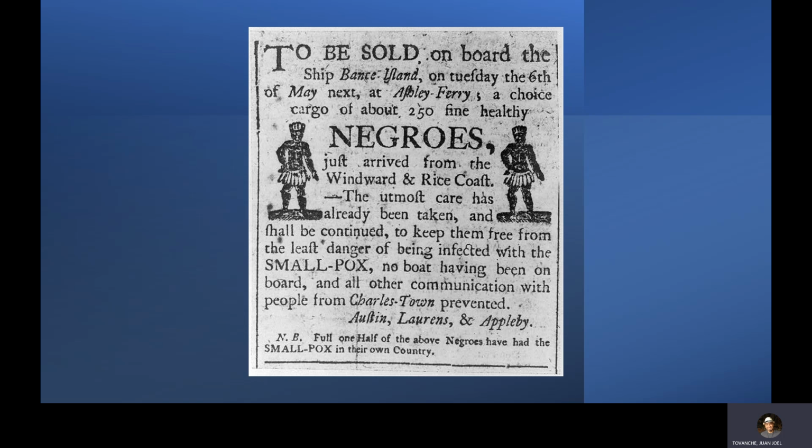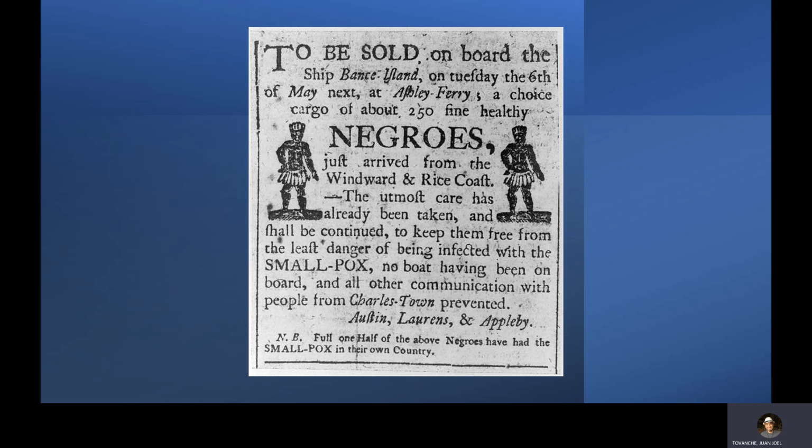Advertisements will tell you a lot because remember, advertisements are really generated in order to appeal to as many people as possible, right? So this obviously was an advertisement that would have bothered pretty much nobody at this time.